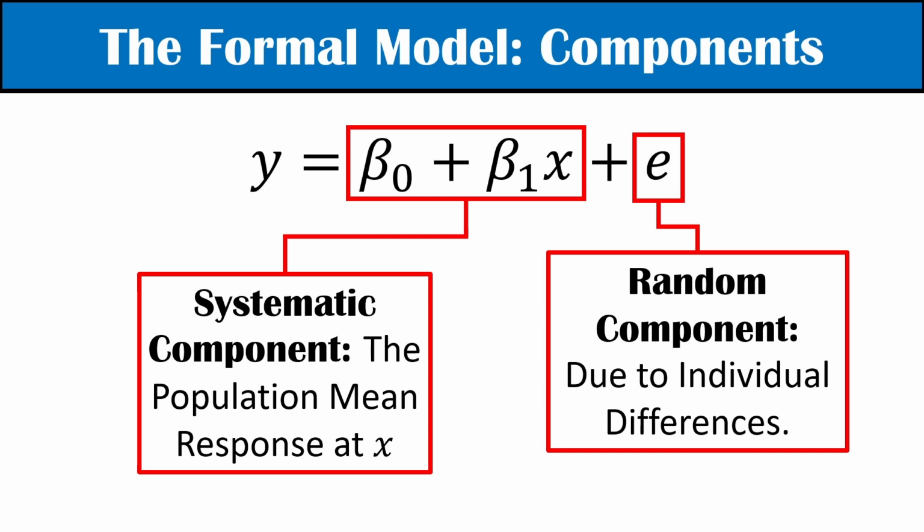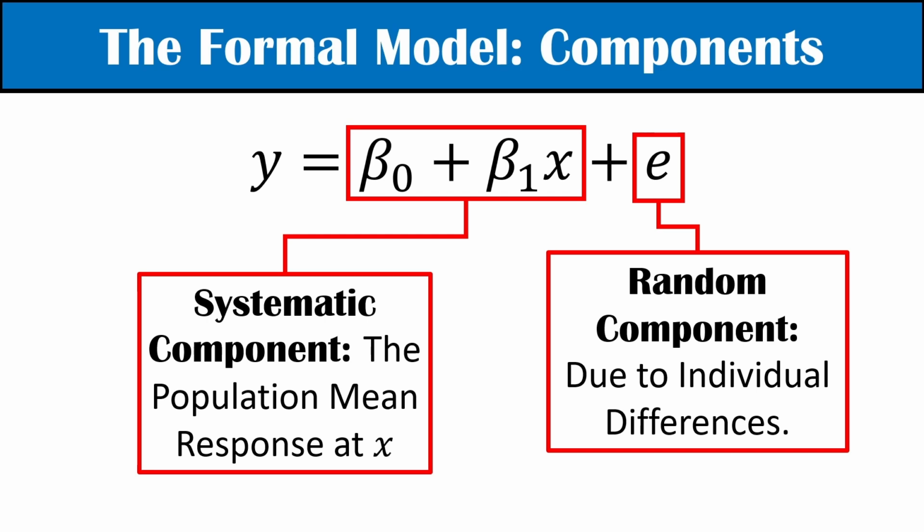What the systematic component tells us is, if I tell you how many hours a person watches these chess YouTube videos, and if we knew what our population parameters were, the population intercept and the population slope, then you could calculate what you would expect to see as an average change in the chess playing strength.